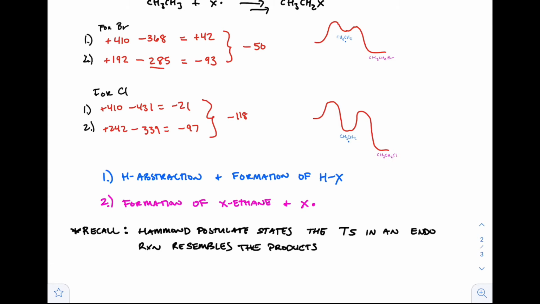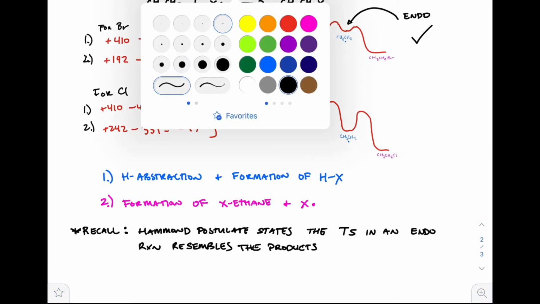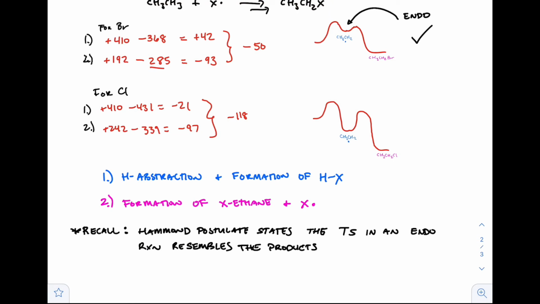Okay, so why is that important, right? So if we take a look at this bromination process, we can see that first step is an endothermic process. And so the formation of that ethane radical is endothermic, and the energy of that transition state in that first step is going to be more or less dependent on the stability of that radical.